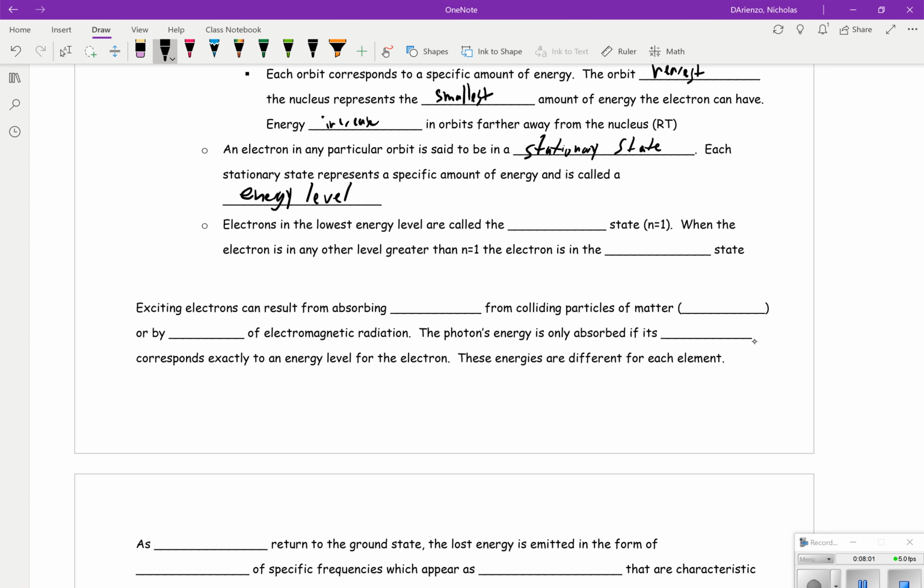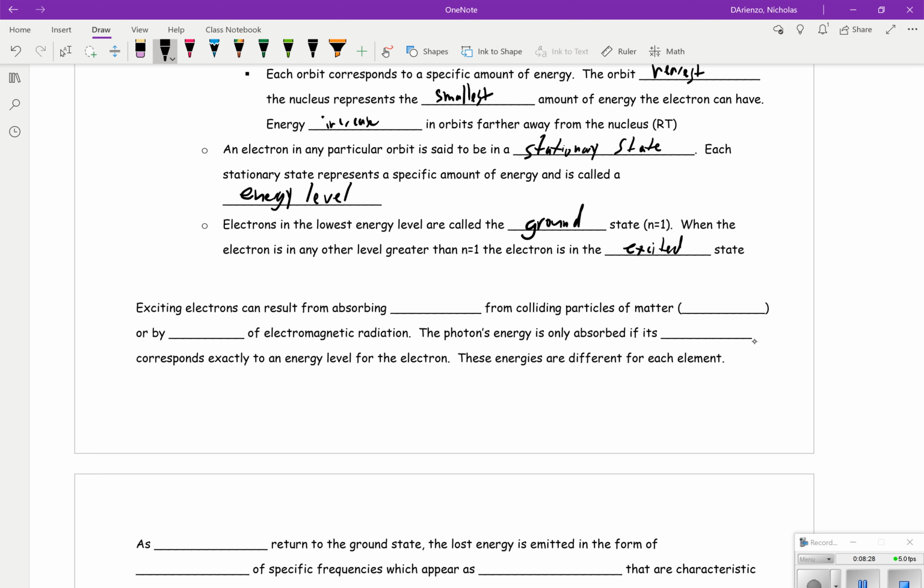Now, electrons in the lowest energy level are called the ground state. And when electrons are in any other level greater than n equals 1, indicating the first state closest to the nucleus, then the electron is in the excited state.